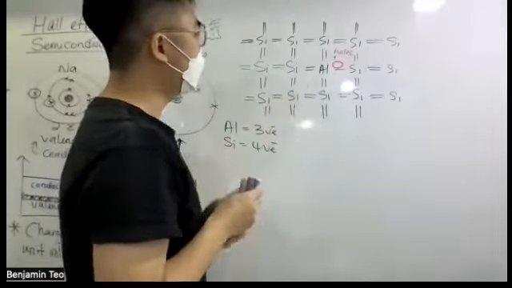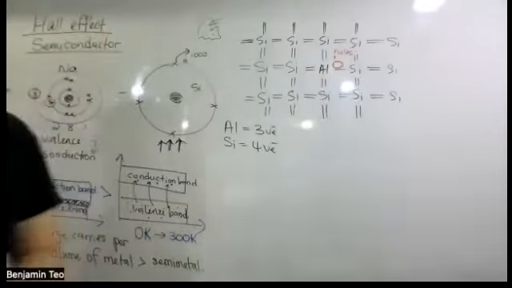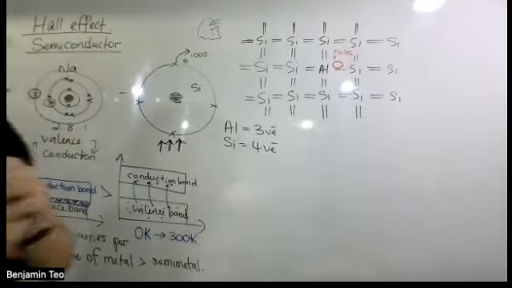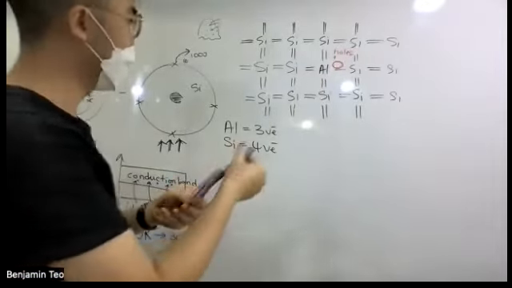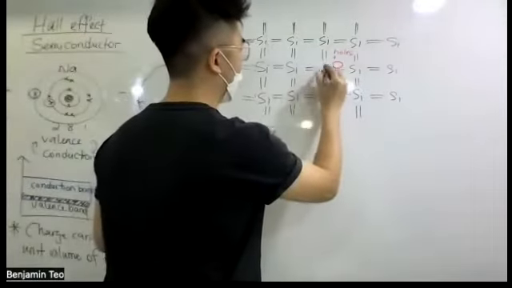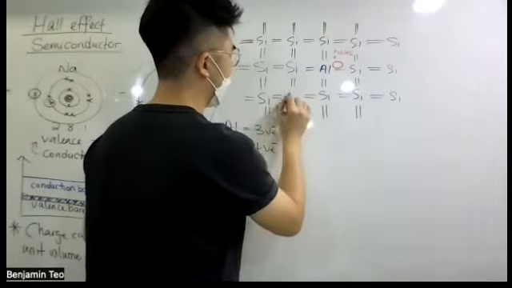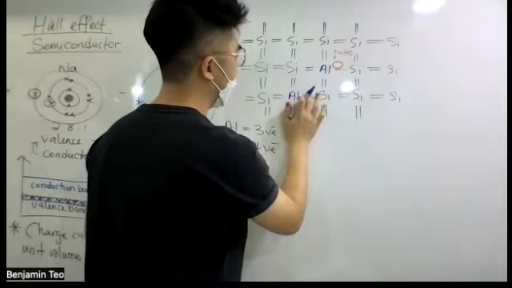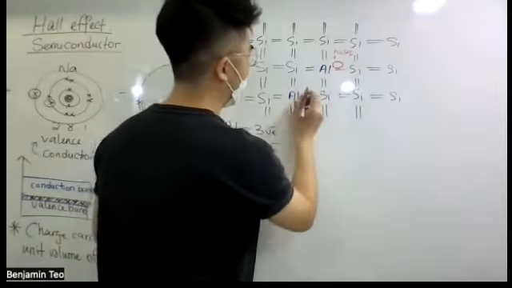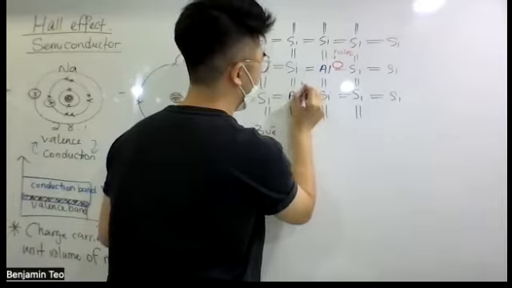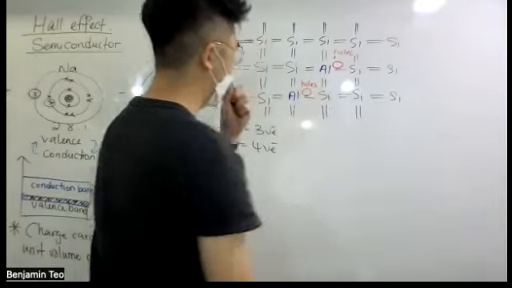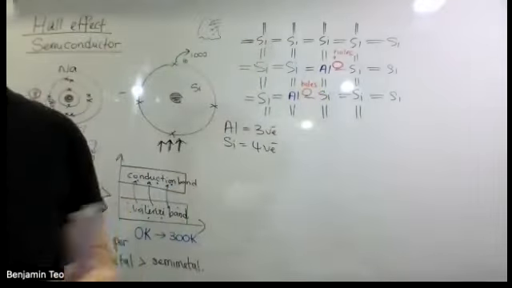I change 1 atom, then I get 1 hole created. If I replace 1 more atom here, make this aluminium again, then we've got another hole here. Holes. You got 2 positive charges.